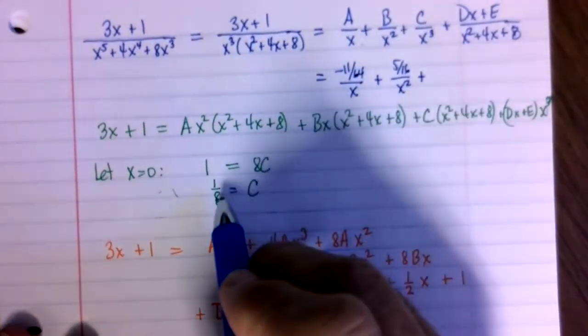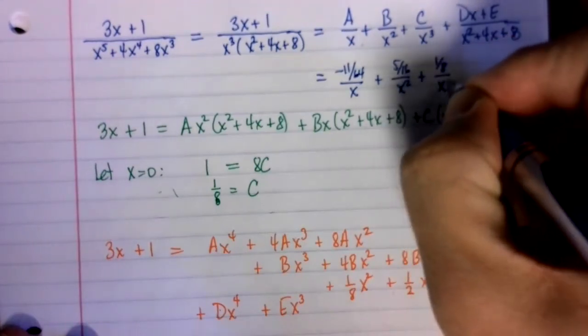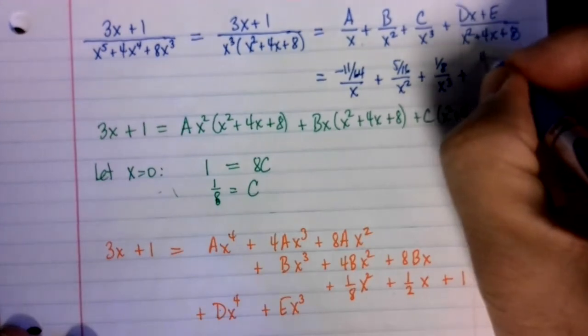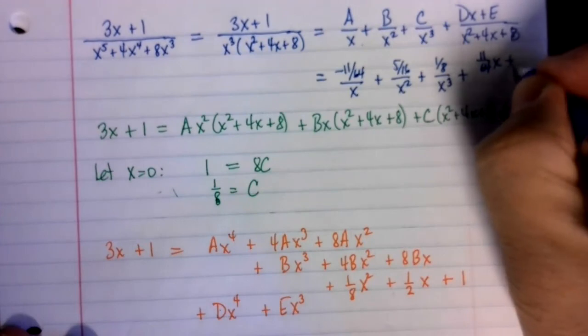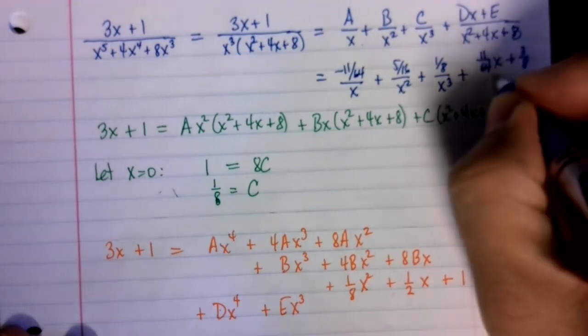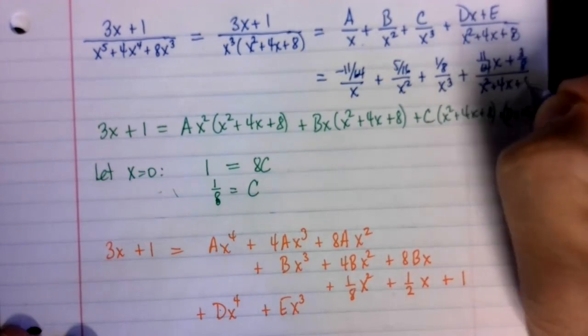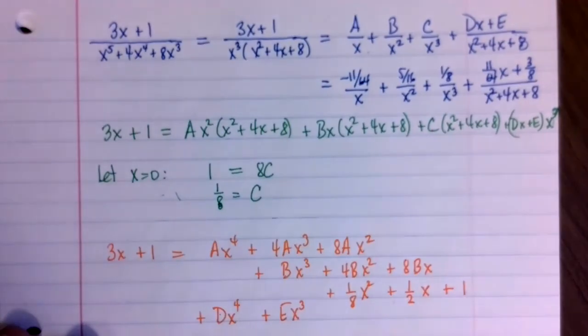C was the first thing that I found, it was 1/8. D was 11/64. And E was 3/8. And so that is the partial fraction decomposition of this rational expression.